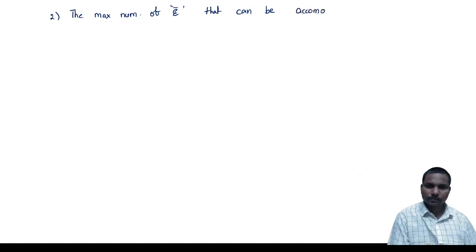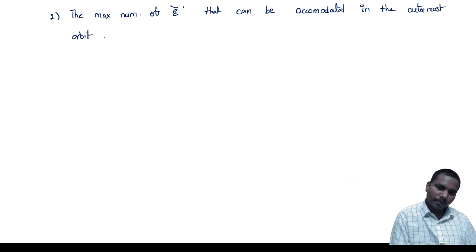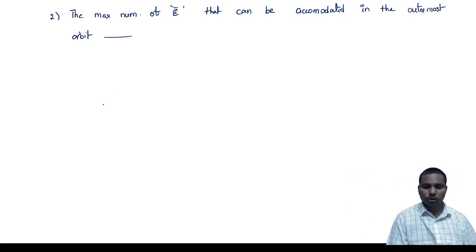Coming to the second point, the maximum number of electrons that can be accommodated in the outermost orbit is maximum 8 only.